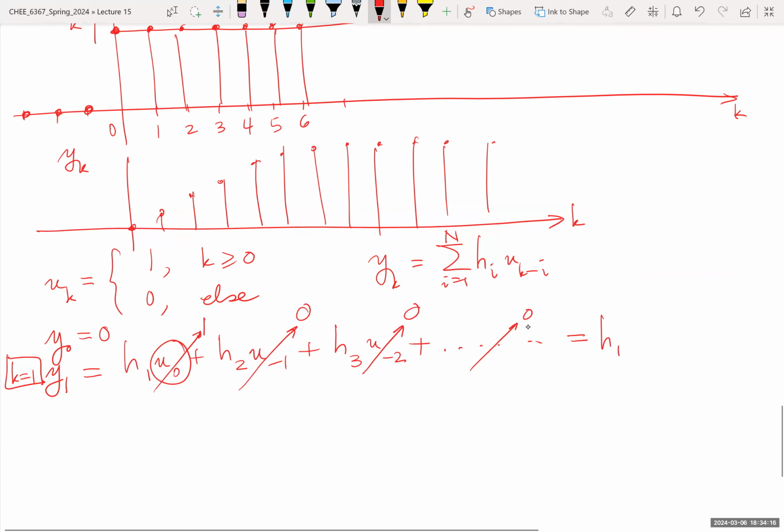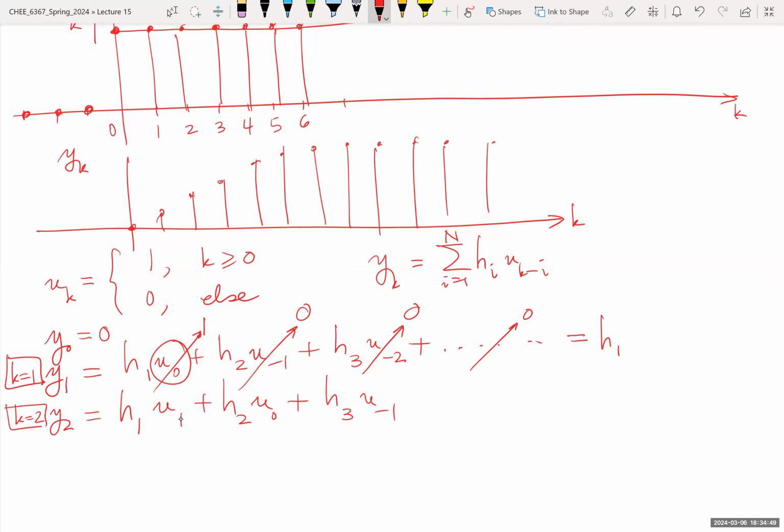Then for k equal to 2, y2 is h1 u1 plus h2 u0 plus h3 u minus 1.